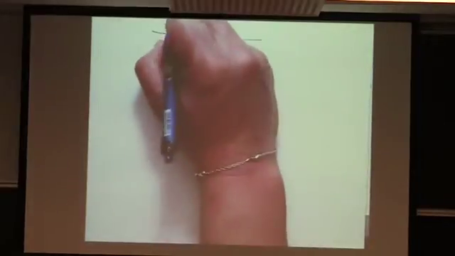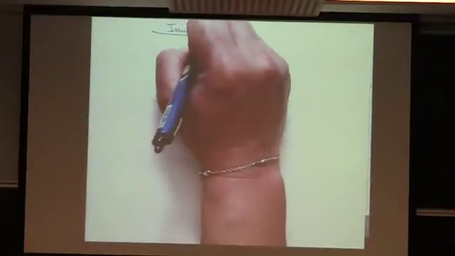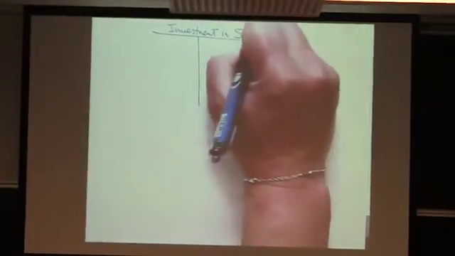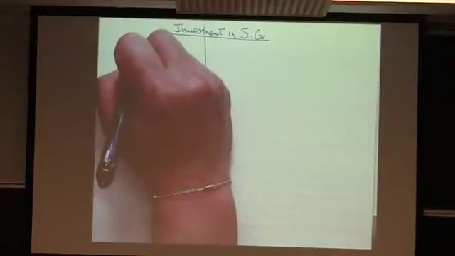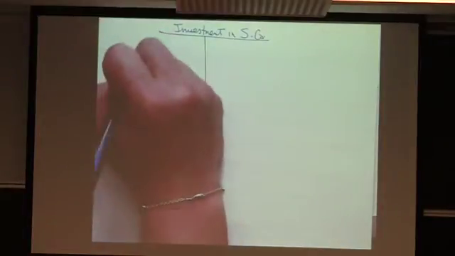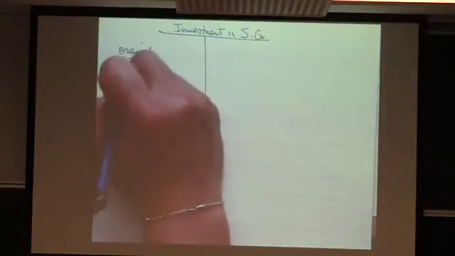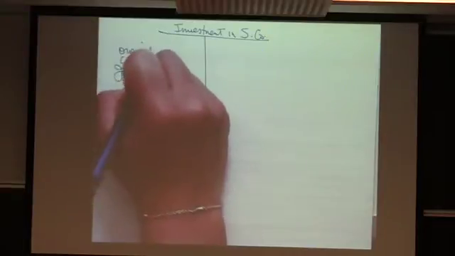So we're going to have the investment. I'll just use a T account: investment in Salt Springs Company. We're going to start with the original cost, what we paid, on January 1st, year 6.